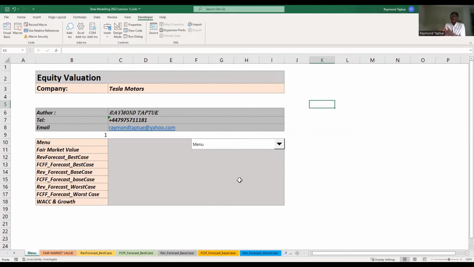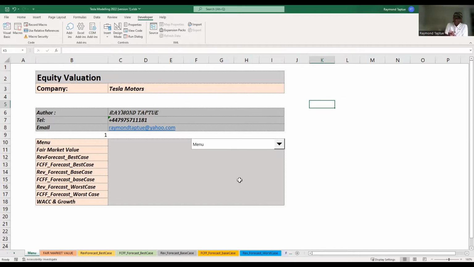So I will forecast the main key variable, which is the free cash flow to firm, under three scenarios. The first scenario is the best case scenario, the second is the base case scenario, and the last one is the worst case scenario.